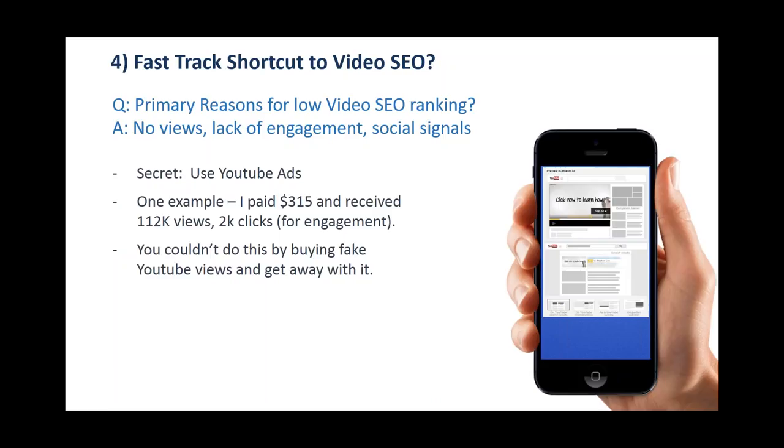So they're okay with your video having like 112,000 views because you paid 50 bucks to YouTube versus paying 50 bucks to Fiverr and getting fake views. So that's kind of a way around the system. When I started doing this, we started getting top number 1, top 3, or top 5 rankings really fast without having to do organic SEO.